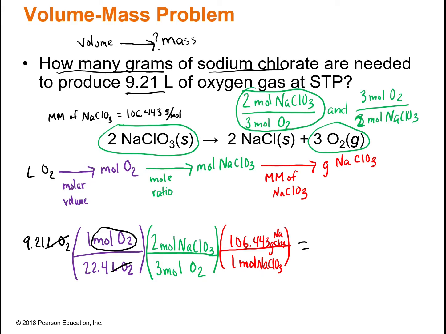The second part, we're trying to get to moles of sodium chlorate. We have moles of oxygen gas on the top and the bottom, so we can cancel those, and we're left with moles of sodium chlorate. The final piece is the molar mass. We've got moles on the top and the bottom for sodium chlorate, and we're left with grams.